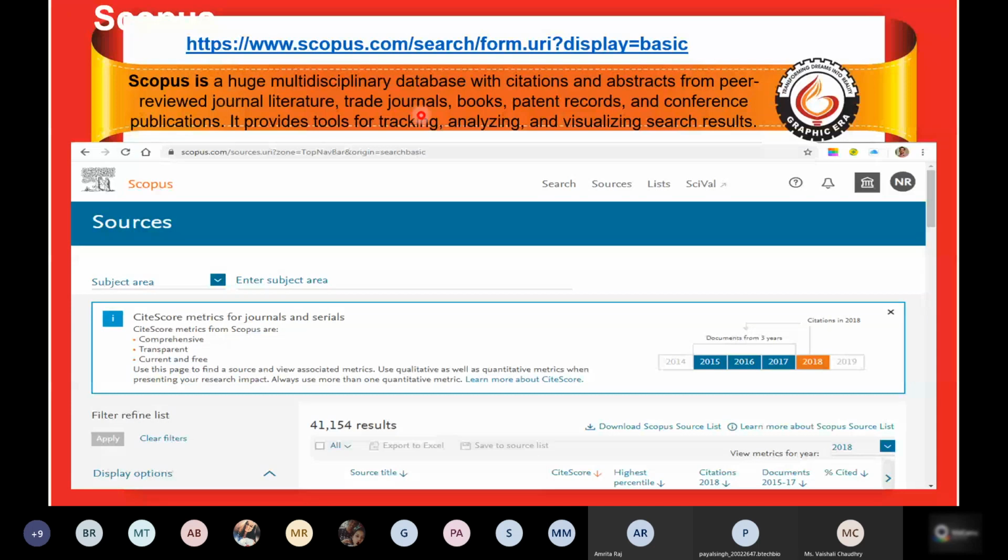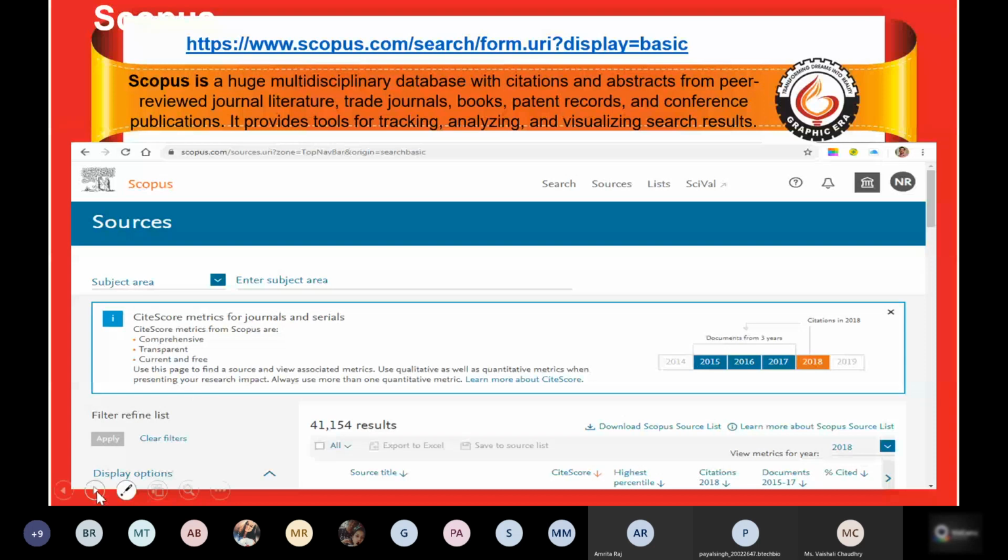Even journals, books, patent records, conference publications, and you can search for any journal, any paper. You can even refine by filters by year. You can say 2019 onwards, 2020 onwards, etc. So Scopus is one of the databases.